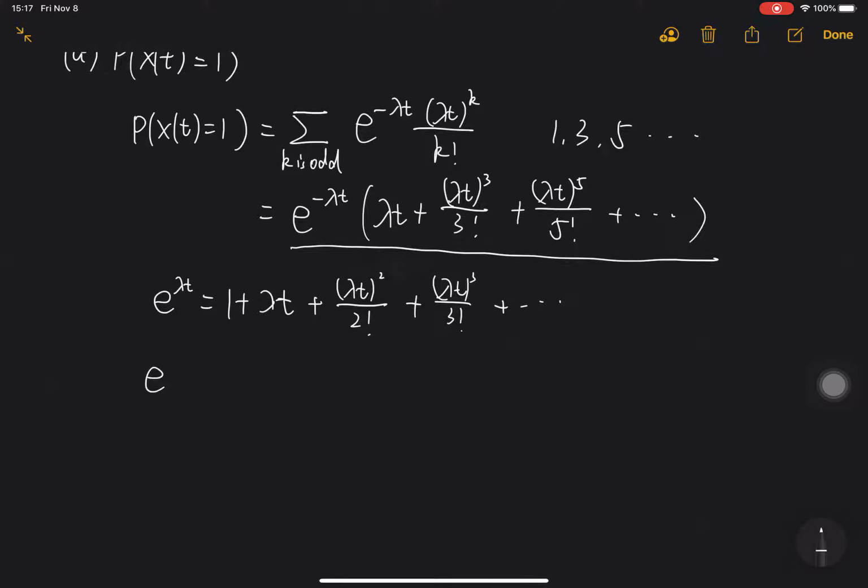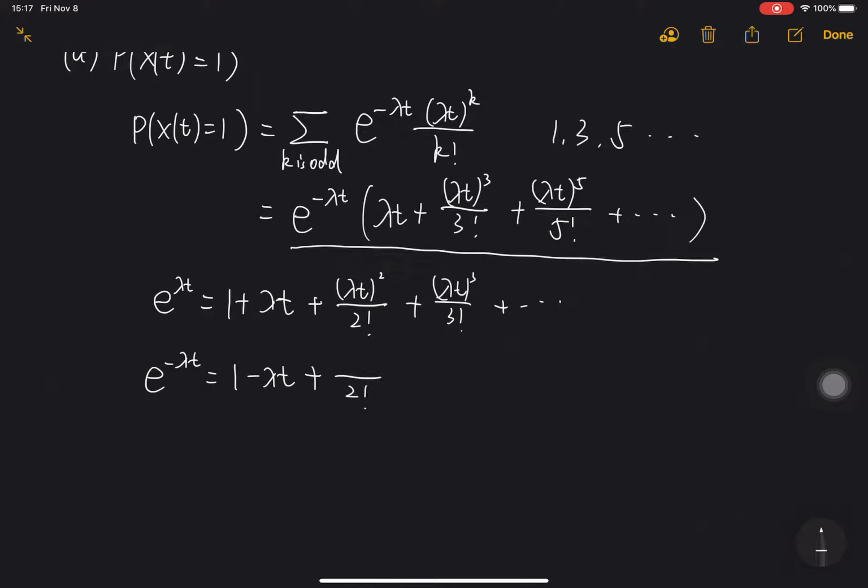And e to the minus lambda t is 1 minus lambda t plus, because this is a square, the minus here is a plus.